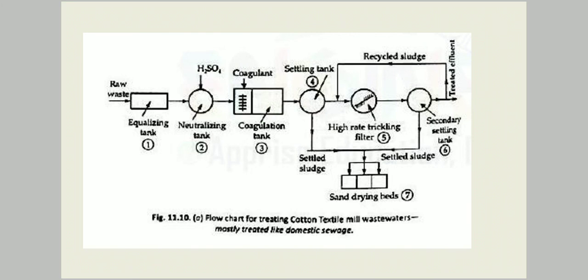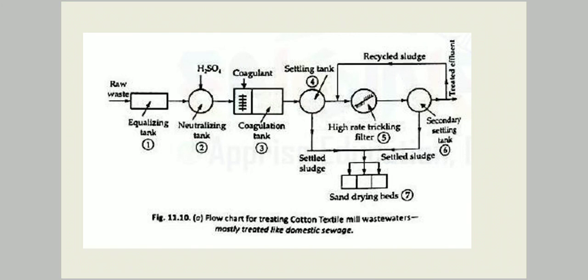Next, the water is passed to a coagulation tank where coagulating agents are used, and sometimes coagulation aided with flocculation is adopted. After this, the wastewater is passed through a settling tank where sedimentation occurs under the influence of gravity. The waste sludge is removed.